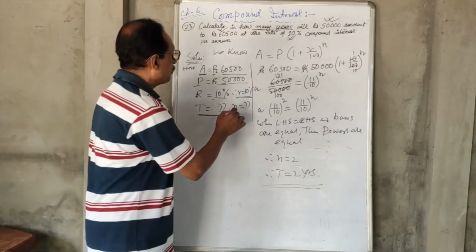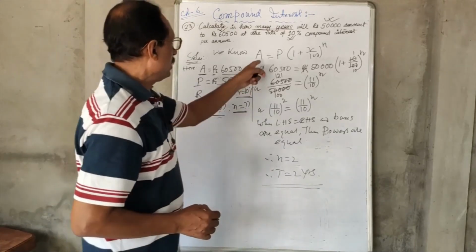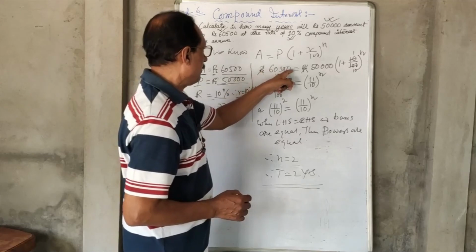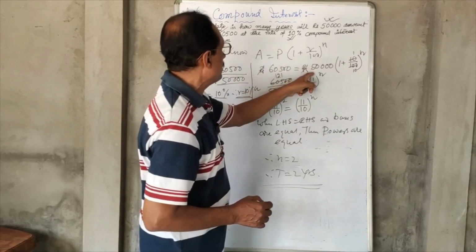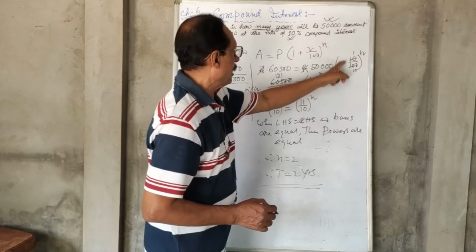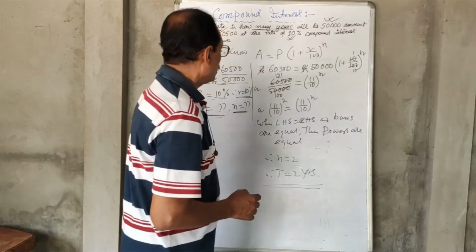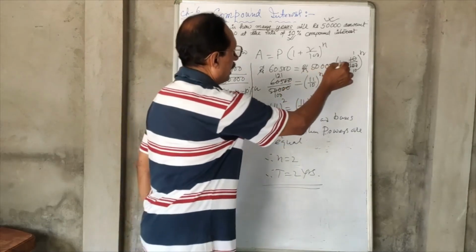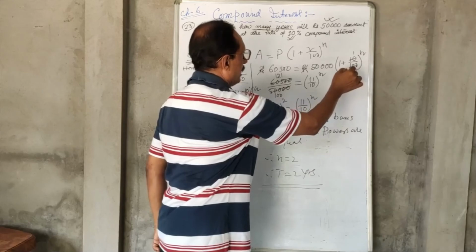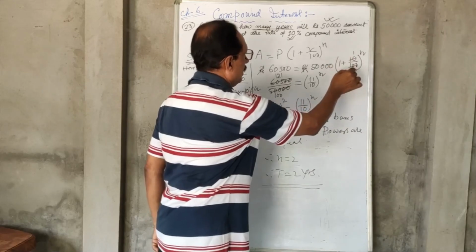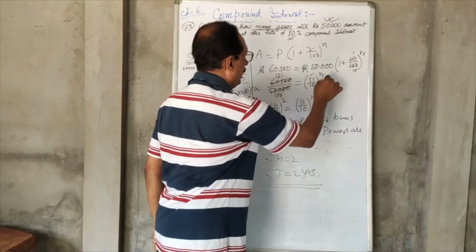That means we have to find n, and from there we will find t. Putting the value of A, 60,500 rupees is equal to P, 50,000 rupees, into (1 plus 10 by 100) to the power n. Here 10 and 100 cancel, so it is 1 plus 1 by 10, which finally sums up to (11 by 10) to the power n.